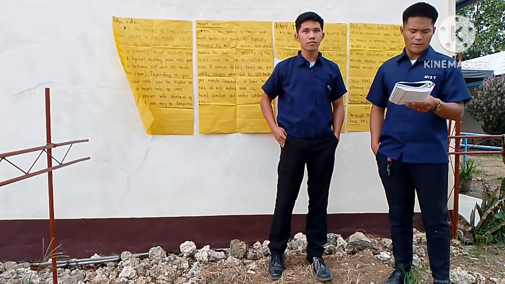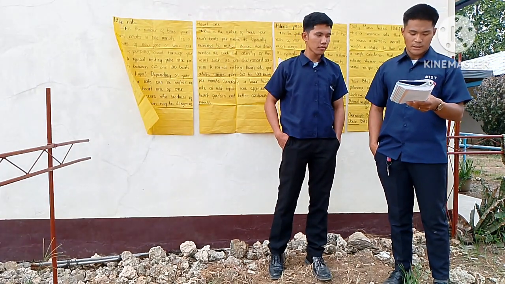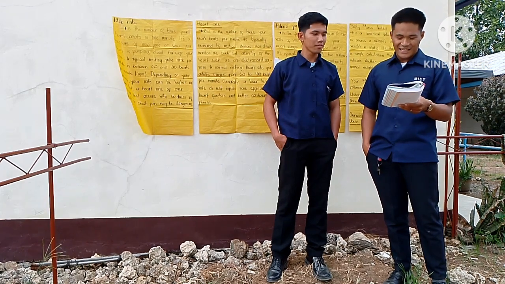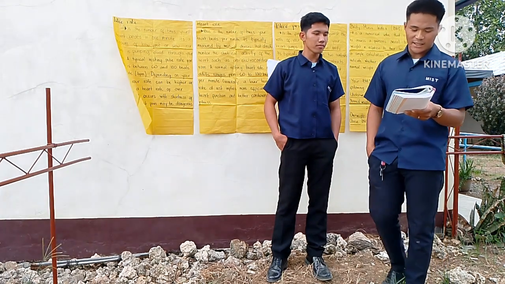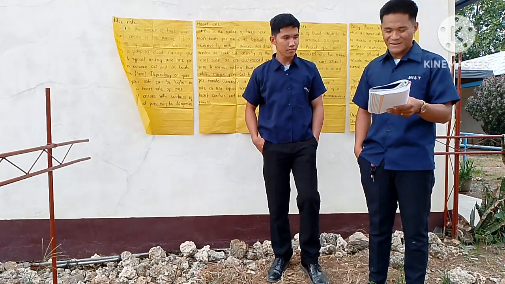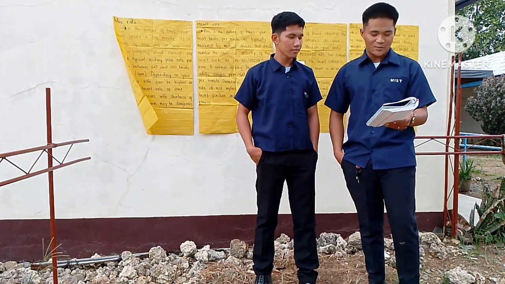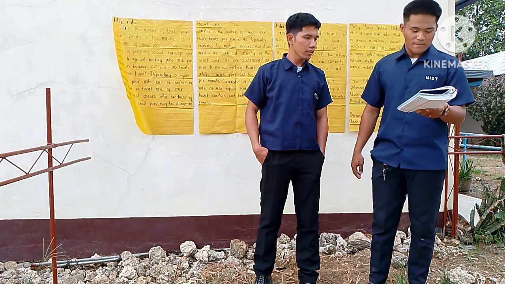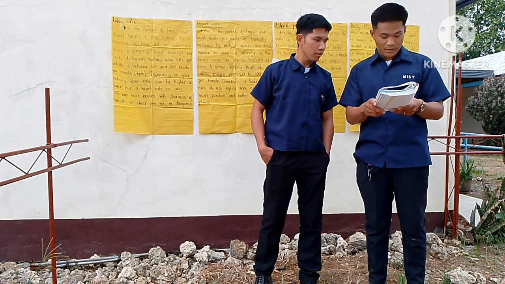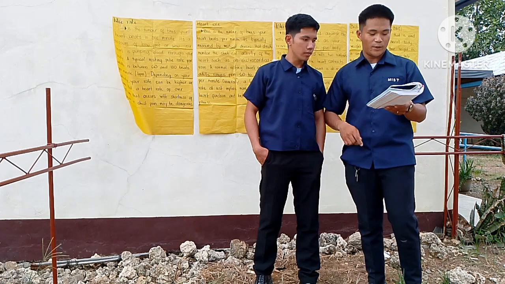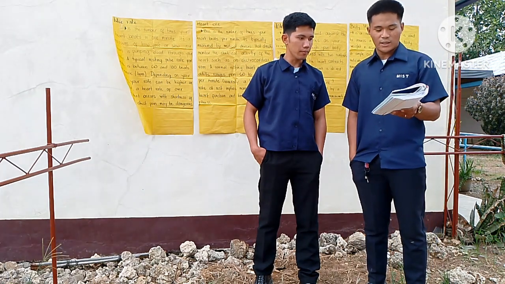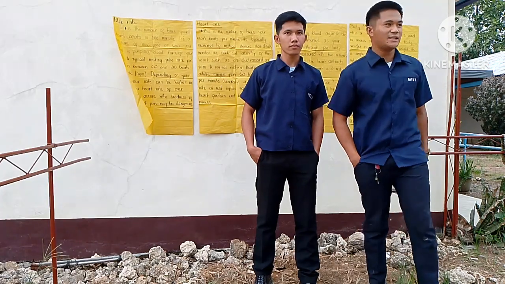For example, if you weigh 70 kilograms and your height is 1.75 meters, your BMI would be 70 divided by 1.75 squared, which equals 22.86.